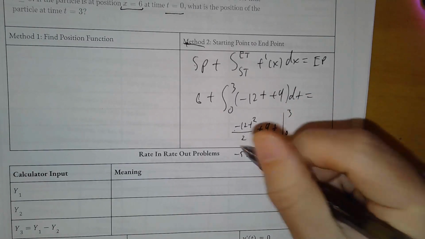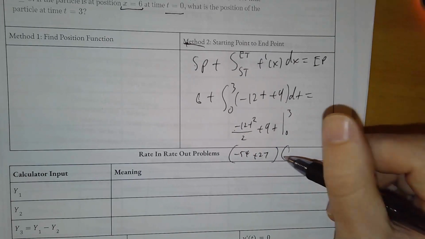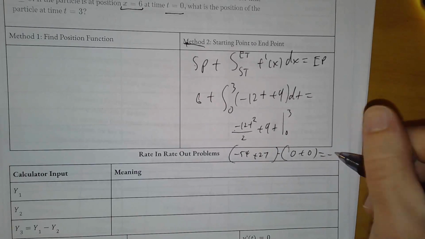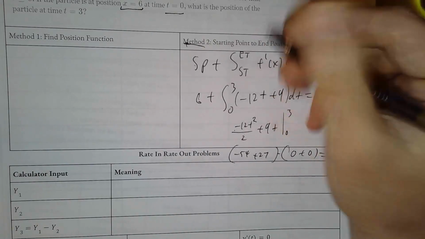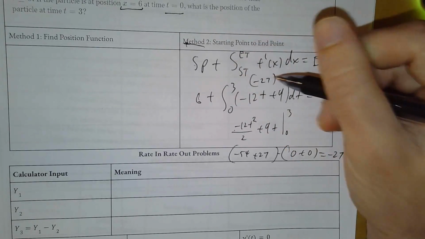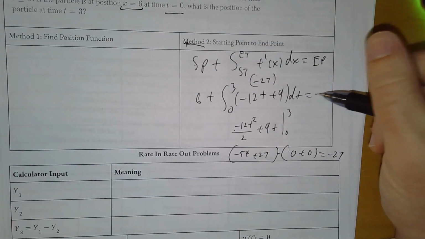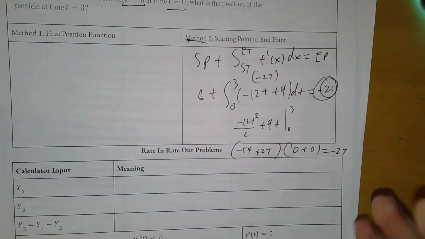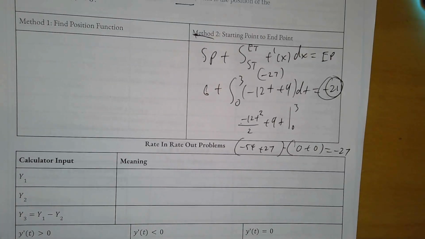And then when I plug in 0 for it, I'm just going to get 0, right? We get minus 0 plus 0. So my answer is negative 27. So what I do is 6 plus this whole expression, which is negative 27. That's going to get me negative 21. So this is method 2, and I think it makes a lot of intuitive sense.